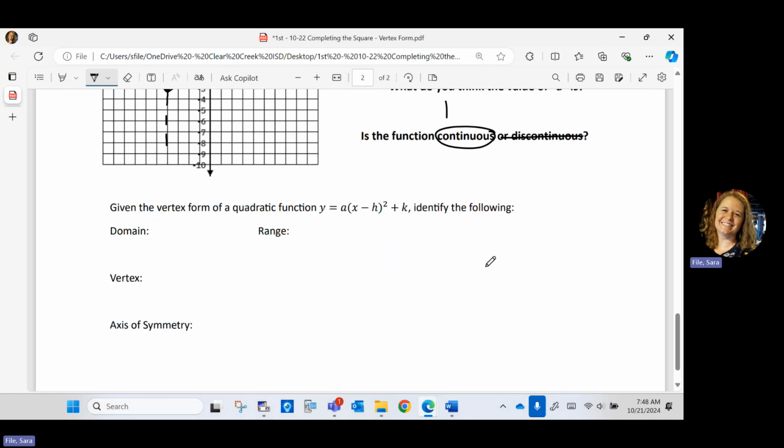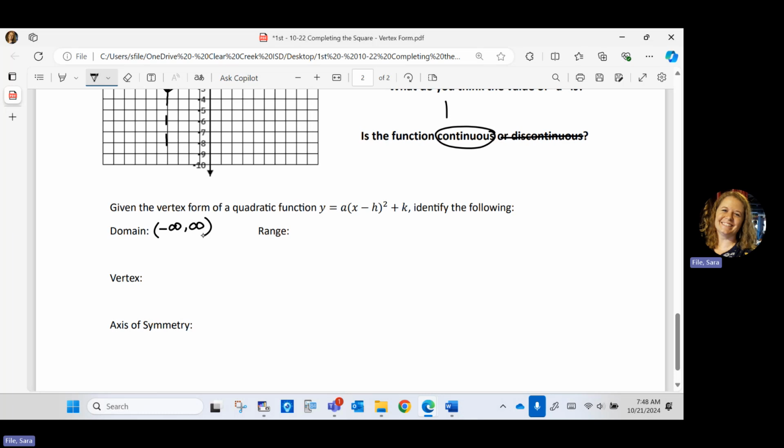This one says if we are given vertex form of the equation with no numbers, just A, H, and K, we want to identify the following. What is the domain always for all quadratics? I don't even need numbers in there. If I know it's a quadratic, I know it's all real numbers for the domain.